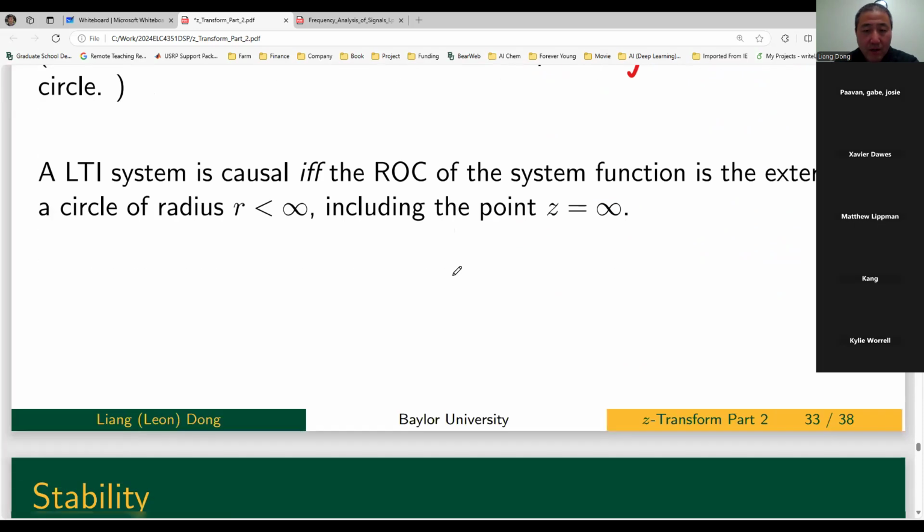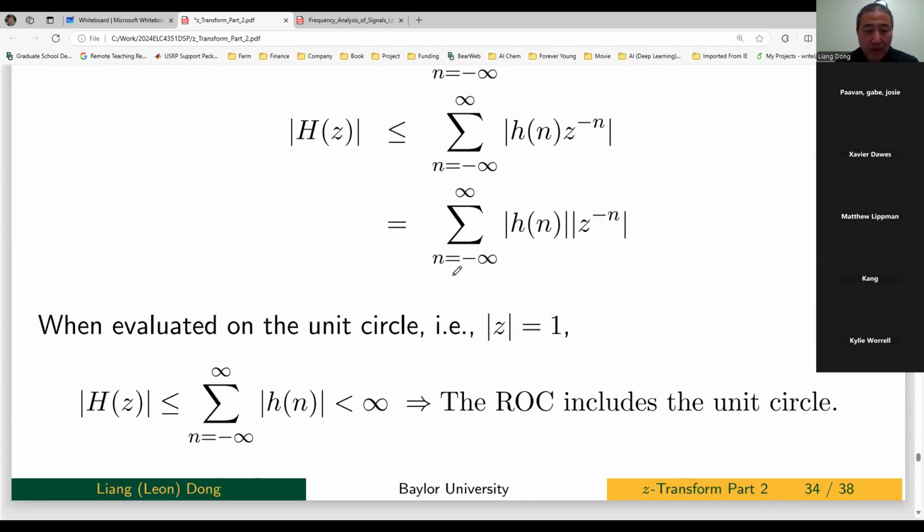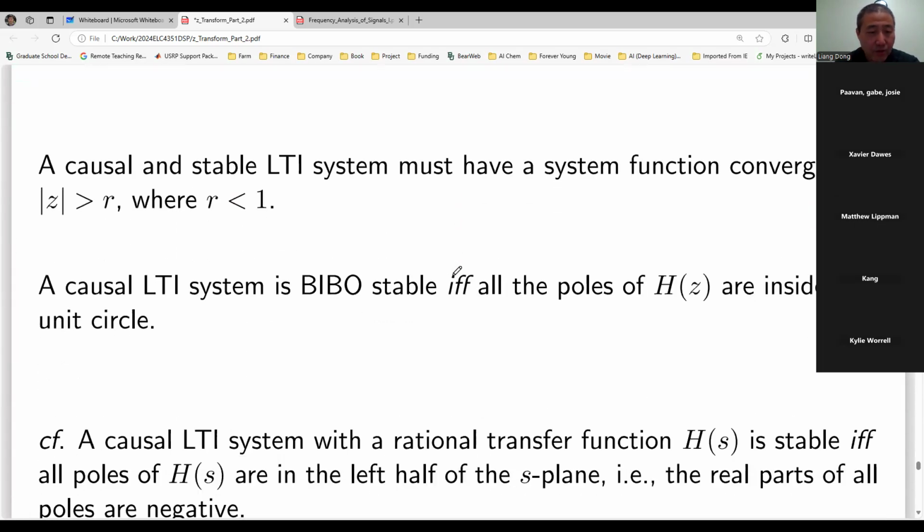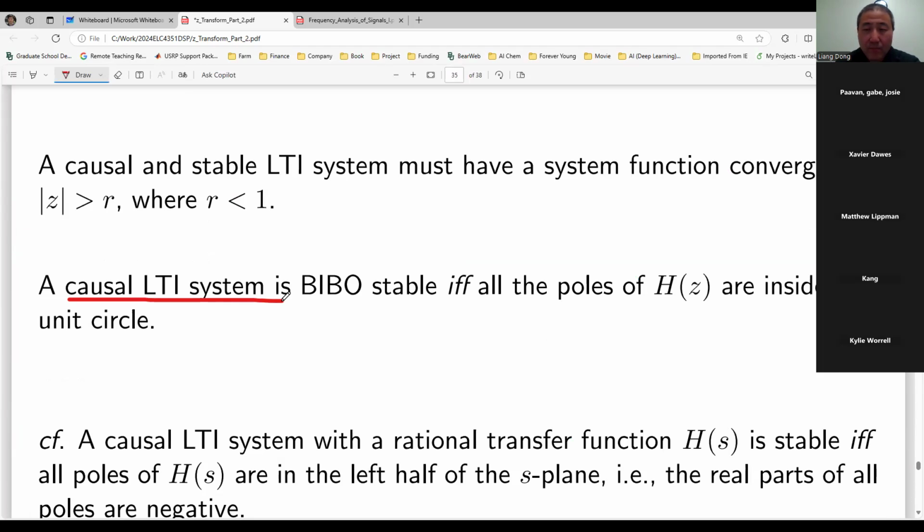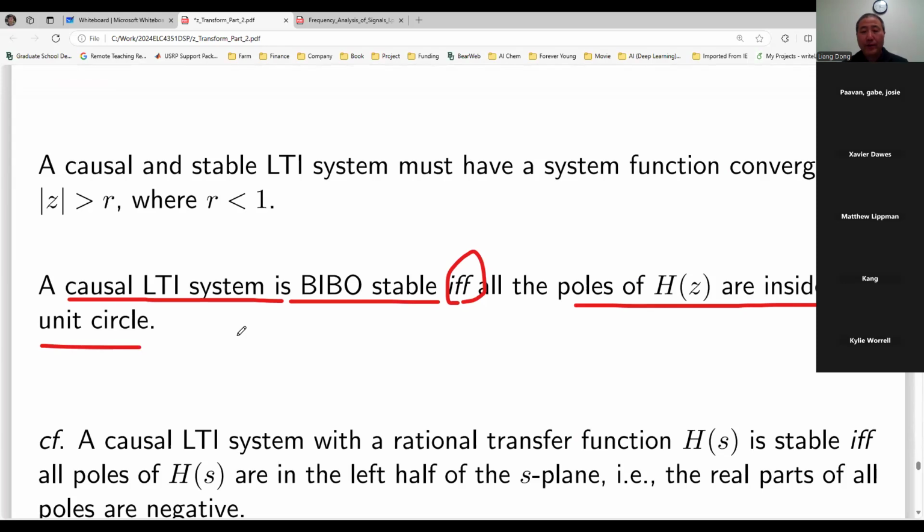So we have some conclusion drawn from here with a lot of those logic discussions. We can see that a causal LTI system, practical, it is stable, bounded input, bounded output, if and only if all the poles are inside the unit circle. So that's the criteria we look at for a good system, right?